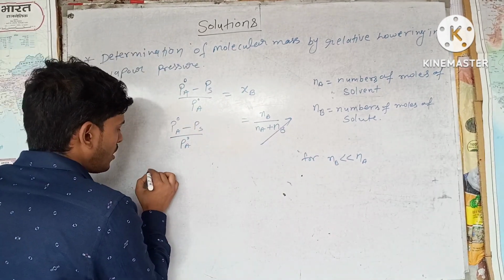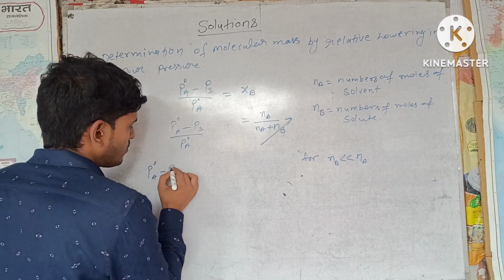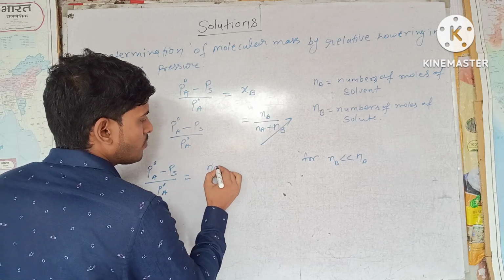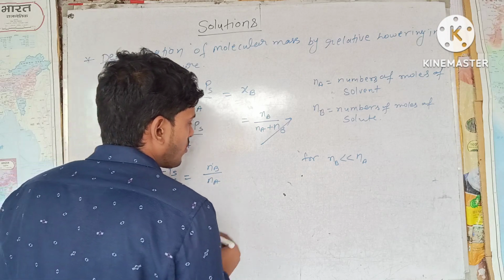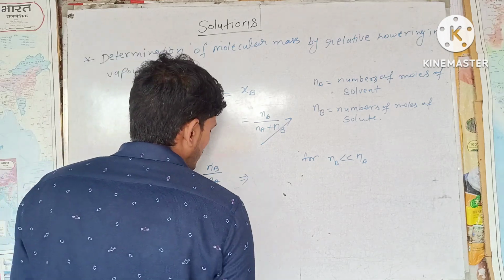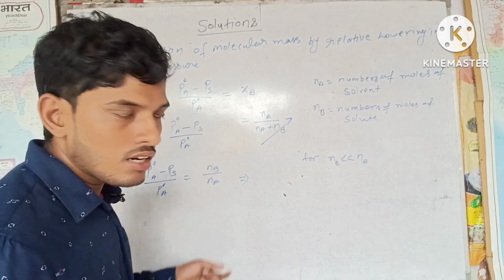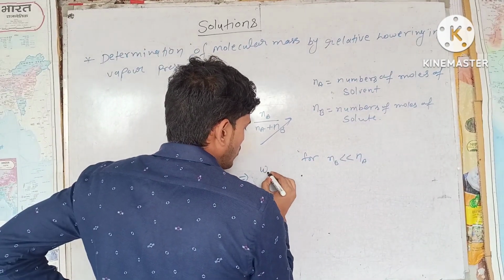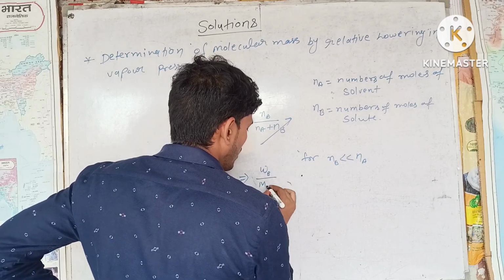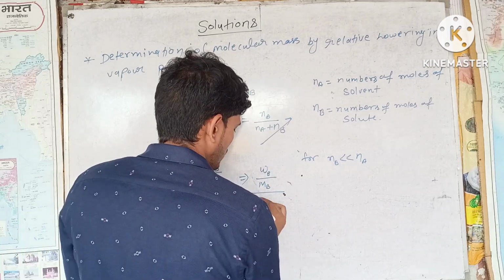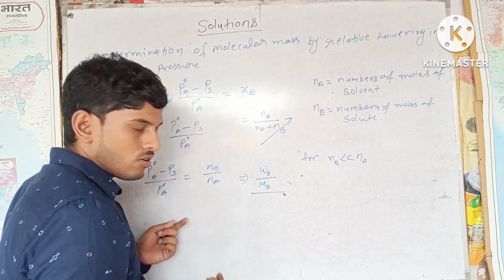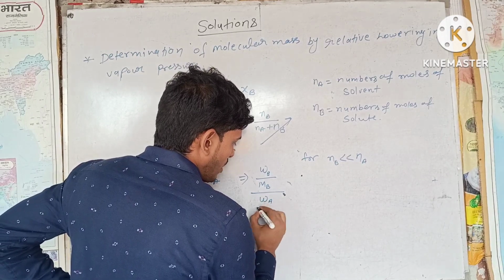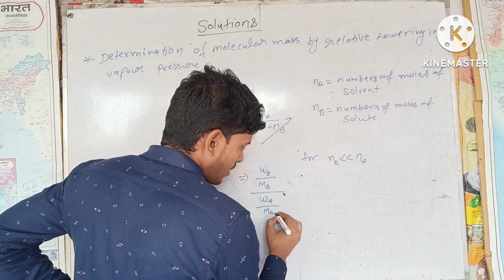So we have another formula which is P naught A minus Ps upon P naught A, which is nb by na. Okay, now nb means number of moles of solute, so we can write wb by mb, and na means number of moles of solvent, so wa by ma.